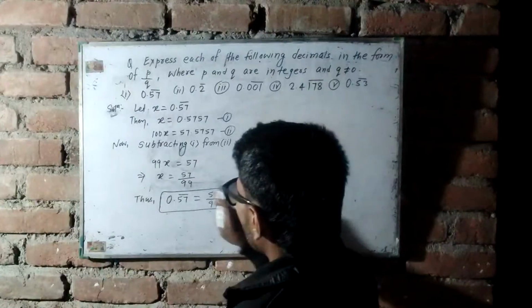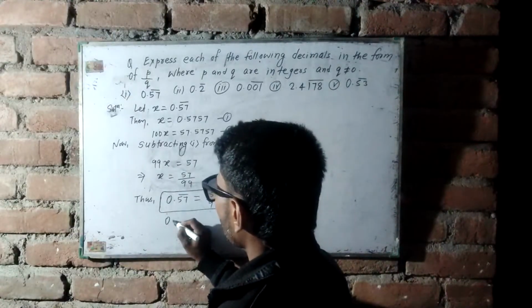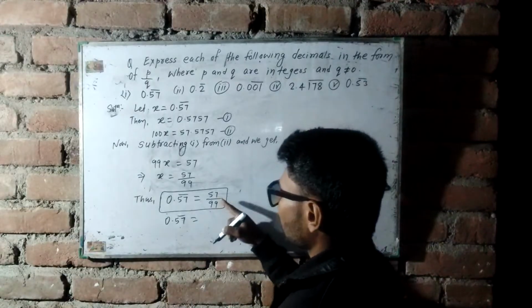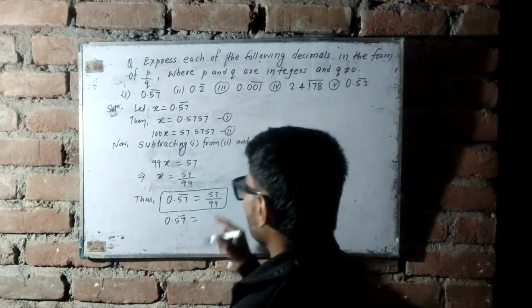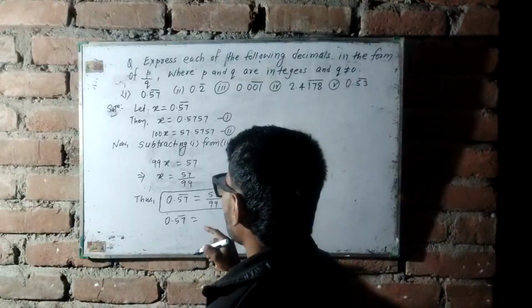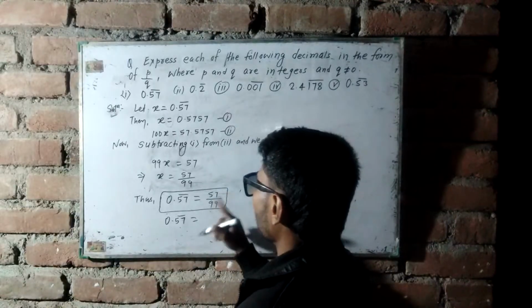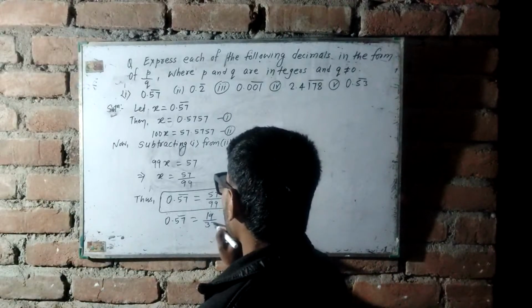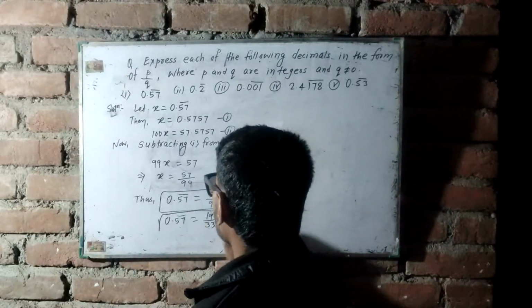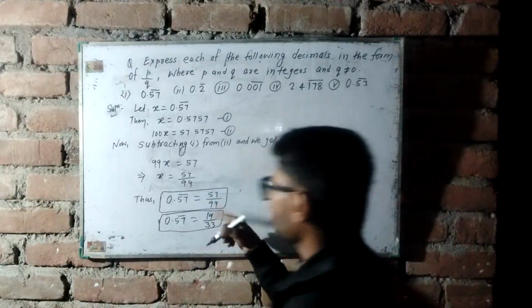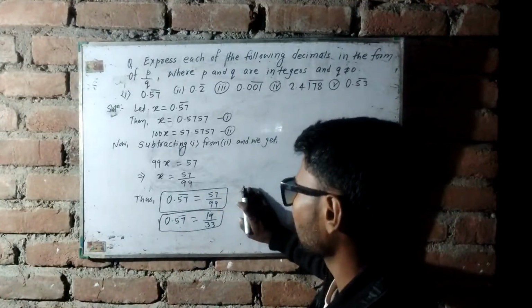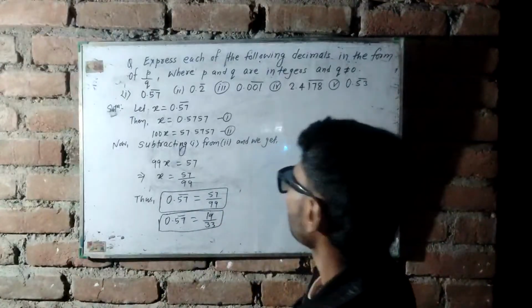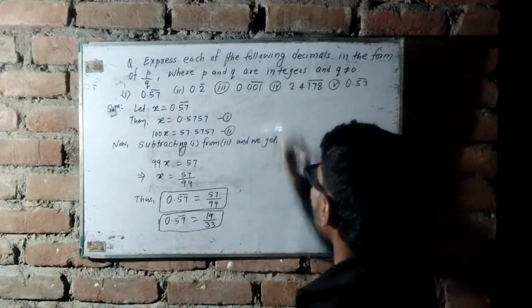You can also write this in simpler form. Dividing numerator and denominator by 3, we get 19 upon 33. Now let's go ahead to the next questions.